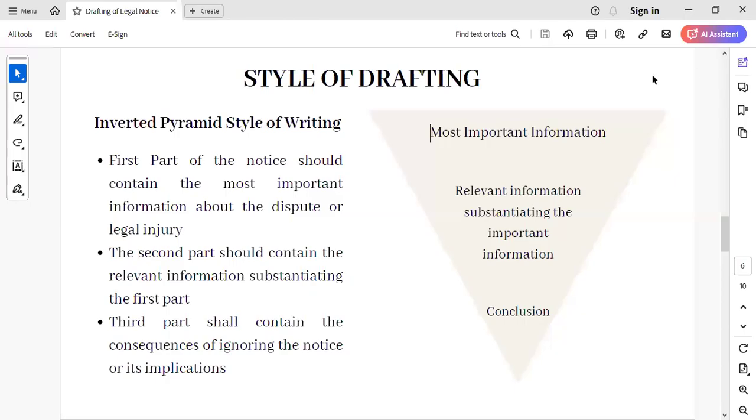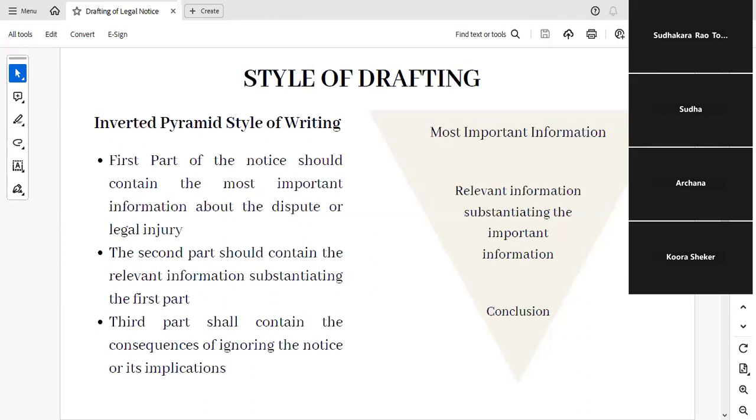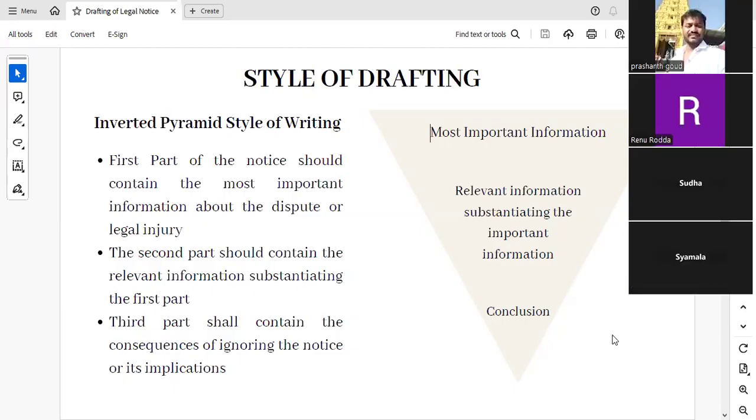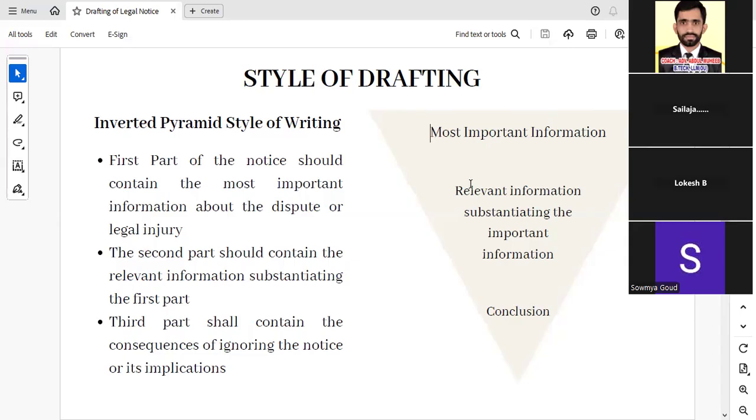Hello. The second part should contain what? Anyone can read? Hello. Sir, are you able to hear me? Yes, but anyone should read or I should read? No, sir. Somewhere read actually. She read actually. I think there was a disconnect. There was no voice. Did Yeah, Shailaja read?